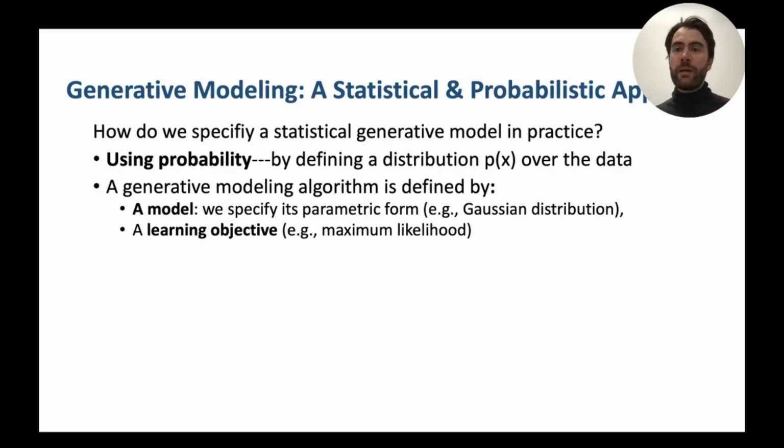Now, if we have a model family, we also need to choose a particular set of parameters. We need to choose a particular model that represents a good distribution that fits the data well. And in order to do this, we need to specify an objective function or a learning objective that tells us whether any given model, whether any given set of parameters happens to fit the data well. And we will see many objectives. In fact, if you're familiar with machine learning, then you are familiar with simple objectives such as the mean squared error for a regression model or the cross entropy for a classification task.